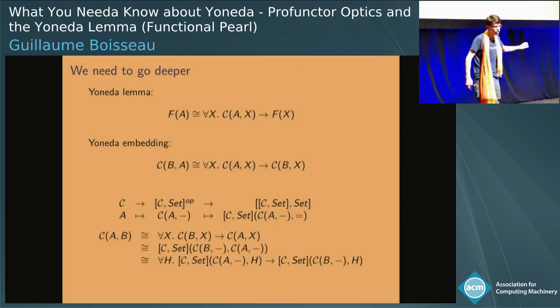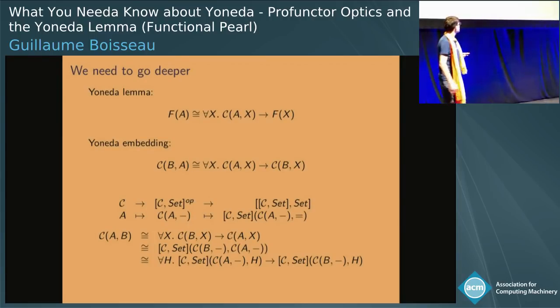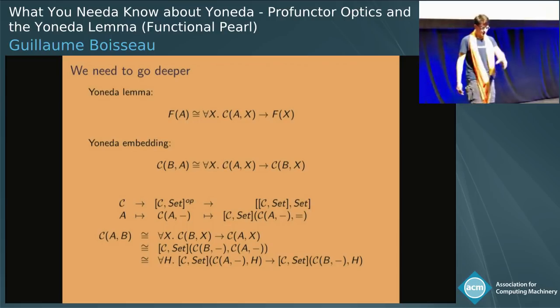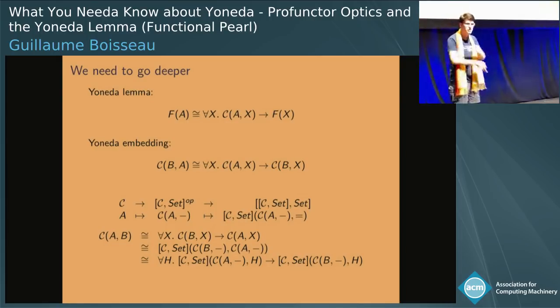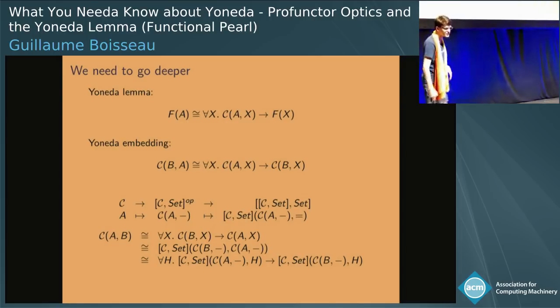Don't stare at it too long, but maybe stare at it long enough to notice, I can't point unfortunately, that the right-hand side of the arrow, for example, has the shape of the Yoneda lemma. It's interesting how we find lots of Yonedas happening at the same time in these few lines.